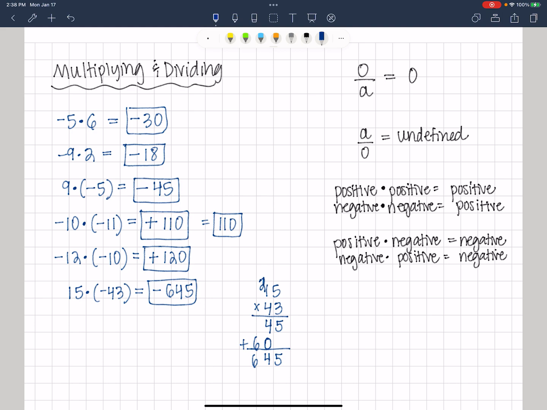We've got negative 49 times negative 2.1. A negative times a negative is a positive, and then 49 times 2.1. I'm going to first multiply 49 times 21. I'm going to pretend like it's 49 times 21, and I'll worry about the decimal at the end. 1 times 9 is 9. 1 times 4 is 4.